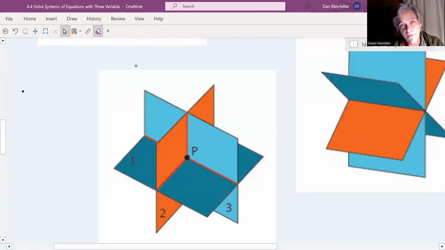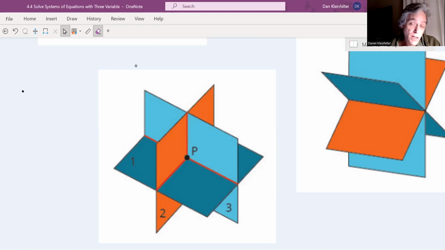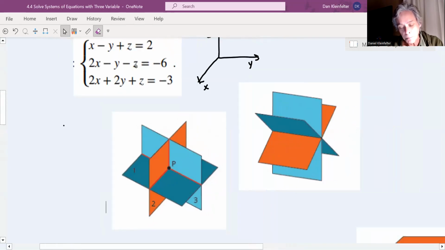Another example would be if you picture the room that you're sitting in right now. This is difficult because I don't know where you are, but let's say you're in your bedroom. If you consider a plane described by the floor, by the left wall, and the wall in front of you, there's going to be one point in common to all three of those planes, and that would be the solution to that system of linear equations in three variables.